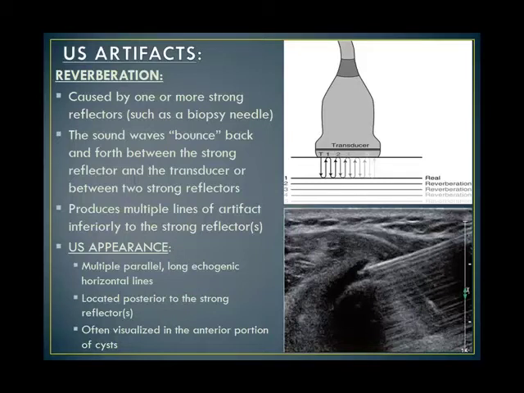And posterior to this biopsy needle, you start getting what we call reverberation, which is all these multiple lines of echoes. The very first line is our biopsy needle. That's our real echo. But all these other lines posterior to it are not real. They're reverberation. They're artifact.